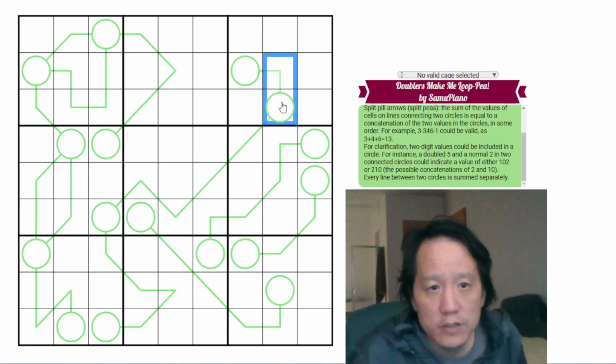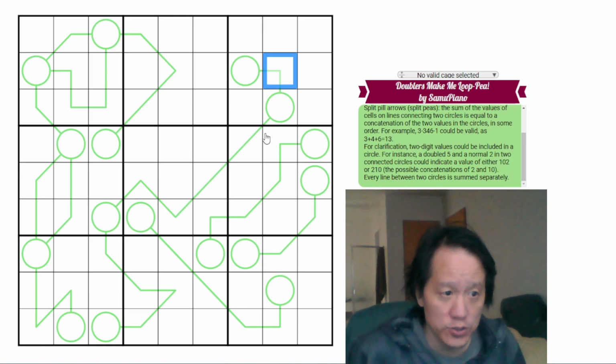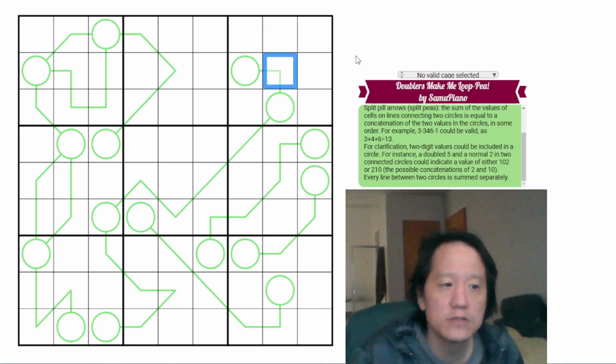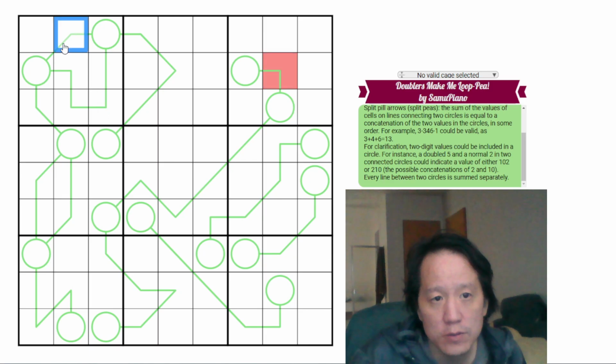So because there are two circles and this is one digit in between the two circles, that means this must be a double digit. So any situation where you have two circles and one digit in between, that digit must be doubled.